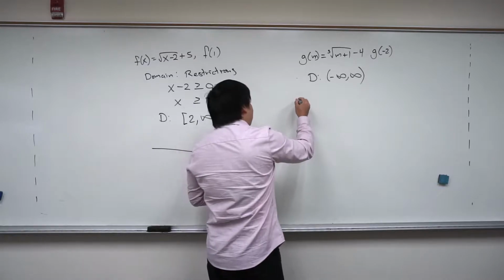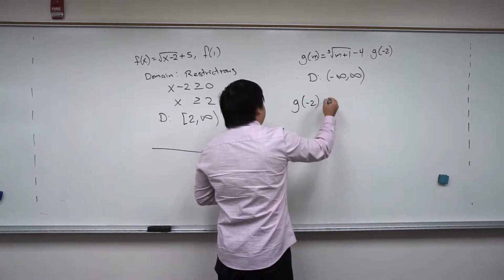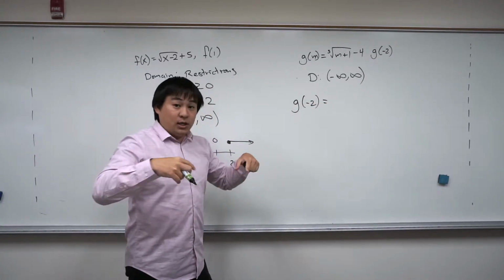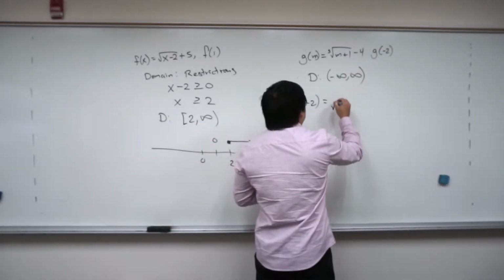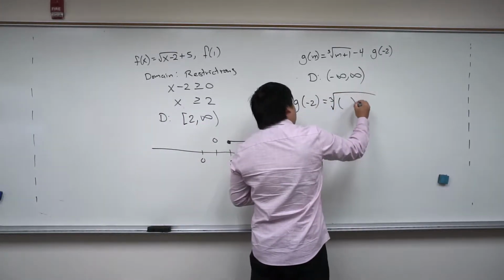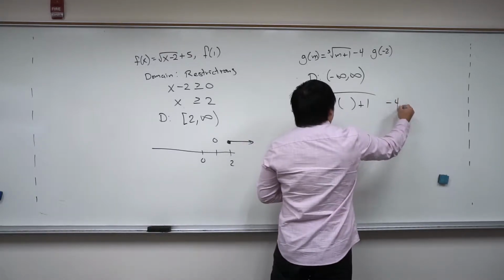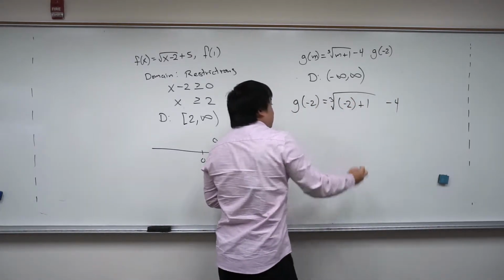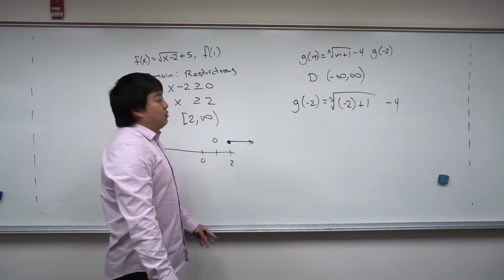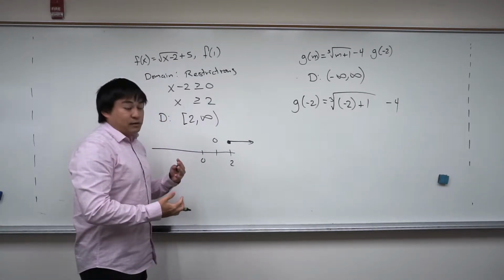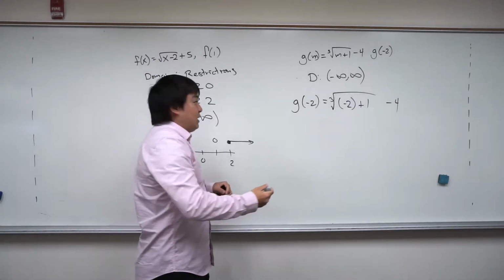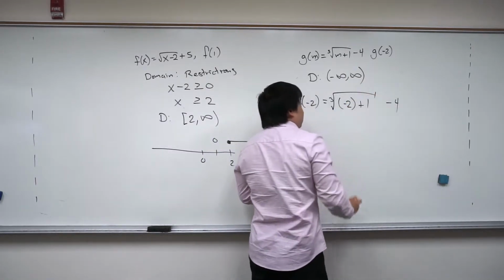So we want to find g of negative 2. Whenever we plug in, we replace all the things we plugged in with a parentheses. And then we plug in the minus 2 into there. Now, if you want, one way to help yourself organize where the roots end is by drawing this little line that goes up and down.